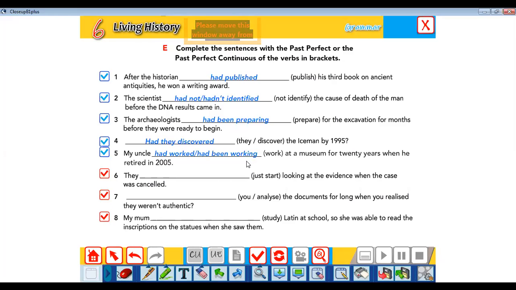The second one is the verb study. The third one is the verb learn. The fourth one is the verb live. And the last one is the verb teach. Teach, study, learn, live, and work. So you can use these verbs in the past perfect simple or the past perfect continuous.